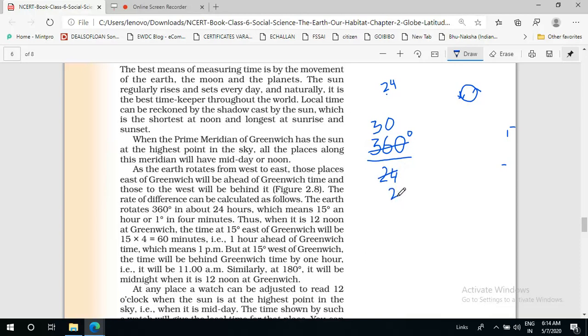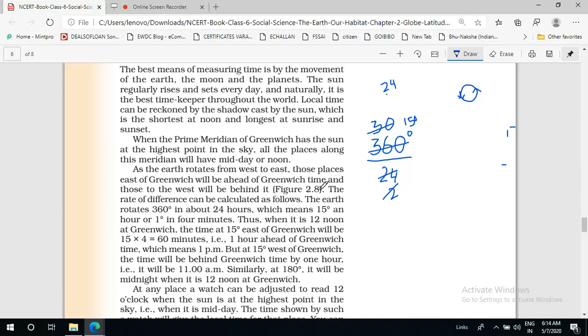Then again we can cut 30 by 2, and it is 15. So what is our answer? The earth is moving 15 degrees in 1 hour. In 1 hour the earth moves 15 degrees.